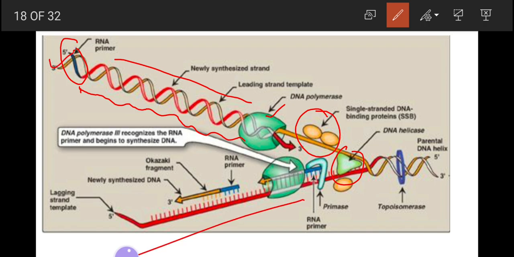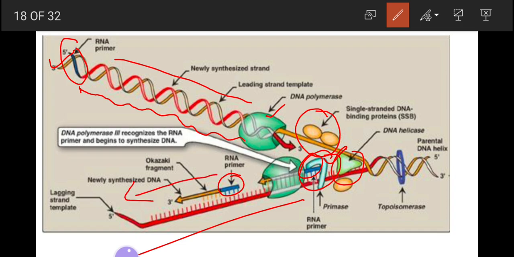Now come to the lagging strand. In the lagging strand, this bluish color protein is the primase, this is the primer, and you are seeing here that 2 primers are synthesized, and the new complementary fragments are synthesized away from the advancement of the replication fork.